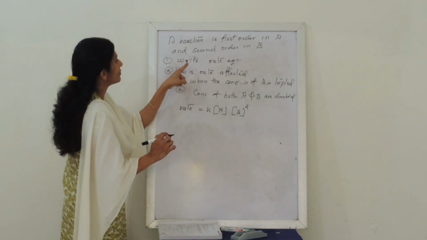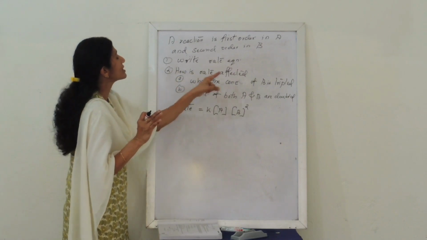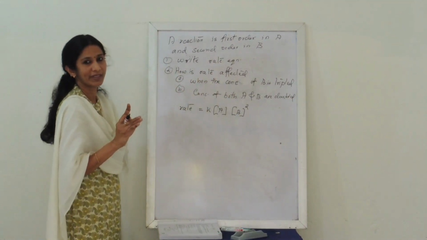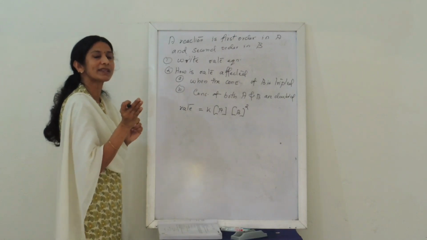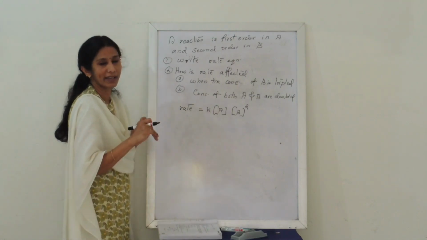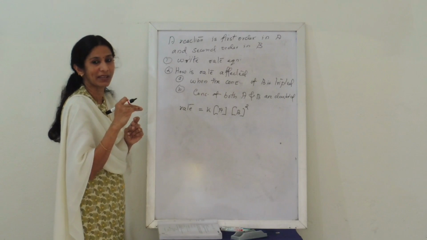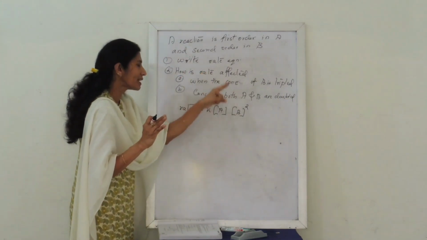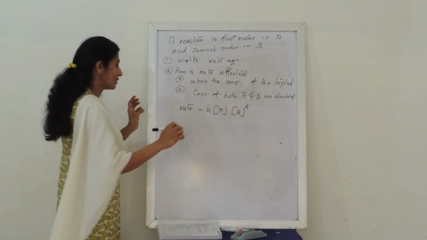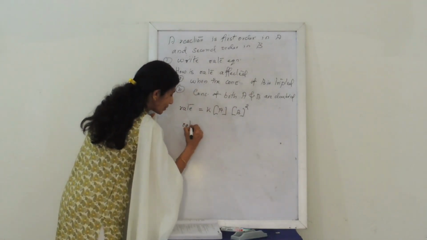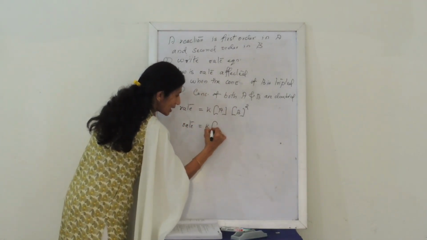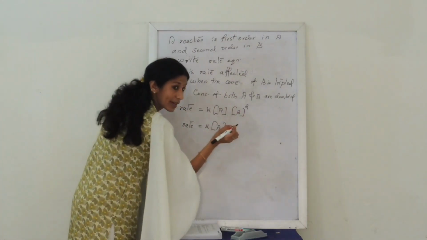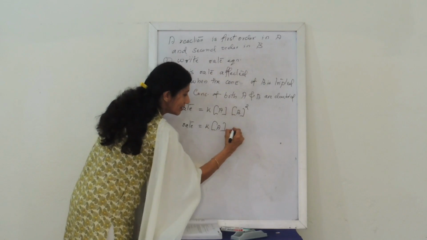ഇനി അടുത്തത്, how is the rate affected when the concentration of B is tripled? അതായത് B യുടെ concentration 3 മടങ്ങാണെങ്കിൽ instead of B 3B അങ്ങനെ എടുക്കുക. അങ്ങനെയെങ്കിൽ റിയാക്ഷന്റെ റേറ്റിനെ അതെങ്ങനെയാണ് അഫക്ട് ചെയ്യുക നമുക്ക് നോക്കാം. റേറ്റ് ഈസ് ഈക്വൽ ടു K into concentration of A into B ക്ക് പകരം 3B അത് 3 മടങ്ങായി.